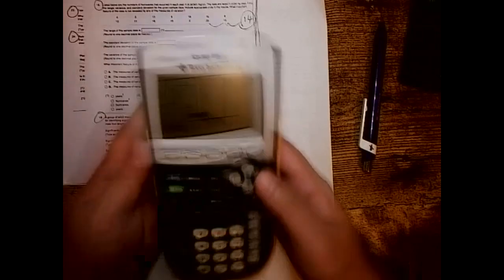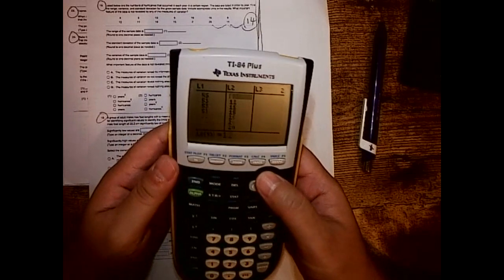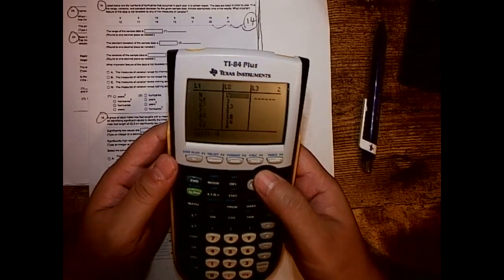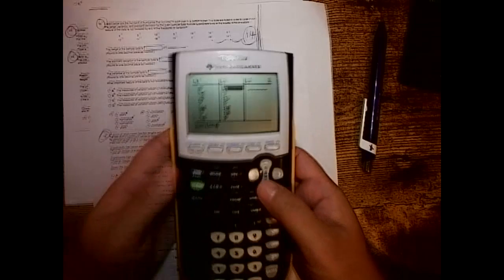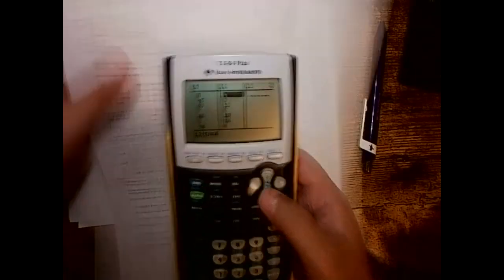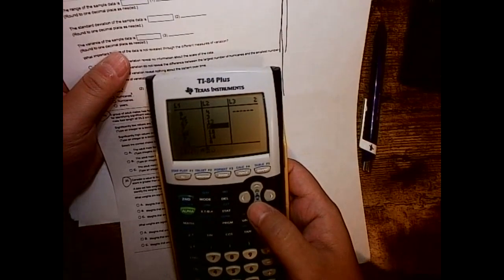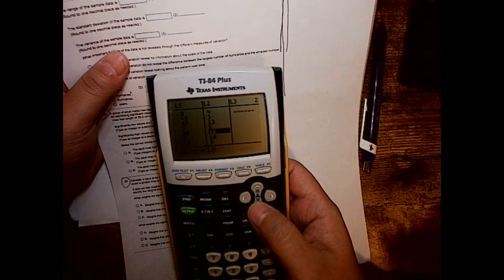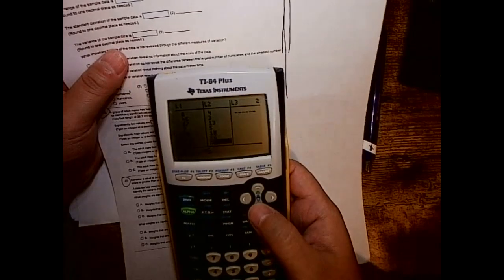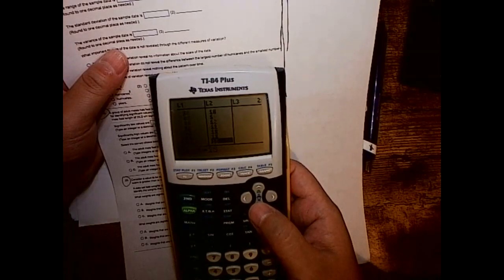All right, let me double check. I have 14 values because the calculator is waiting for me to enter the 15th. We have 4, 3, 13, 5, 18, 16, 6, 12, 11, 18, 15, 2, 20, 14.